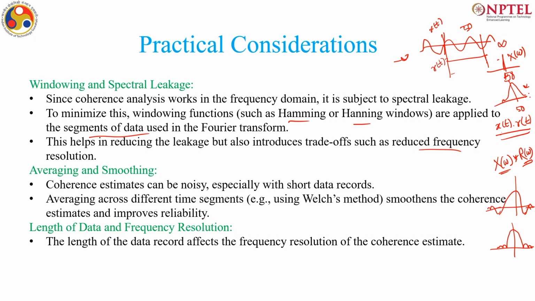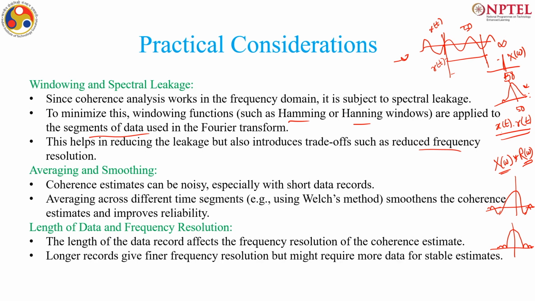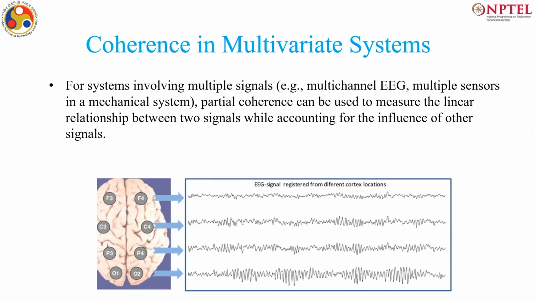You should keep in mind whether to take a very long or a very short data record. If I have longer data, I will have finer frequency resolution, but you might need a lot of computation to get stable estimates. And in multivariate systems, like multi-channel EEG, I gave the example of only 2 channels, but there can be many channels.